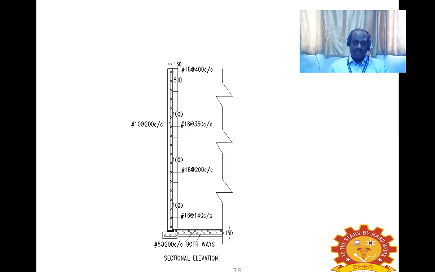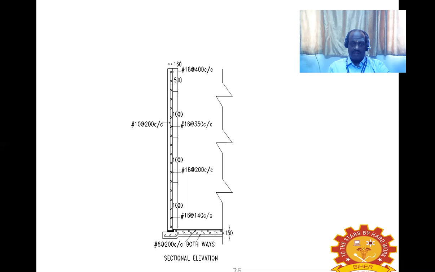And the bottom slab, we have seen 8 mm bars placed at 200 mm center to center both ways, and also we have two layers, one at the bottom of the slab and the other at the top of the slab. And we have assumed the minimum thickness for the slab as 150 mm.